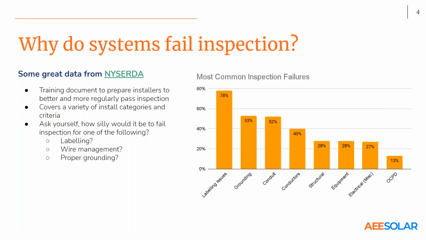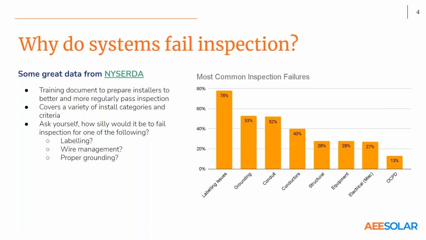And they break down here the most common buckets for inspection failures. It may seem a little ticky-tack, but the most likely failures are really simple. It's things like labeling, proper grounding, conduit fittings. And every time I see this, it just drives home the need for a good quality program.